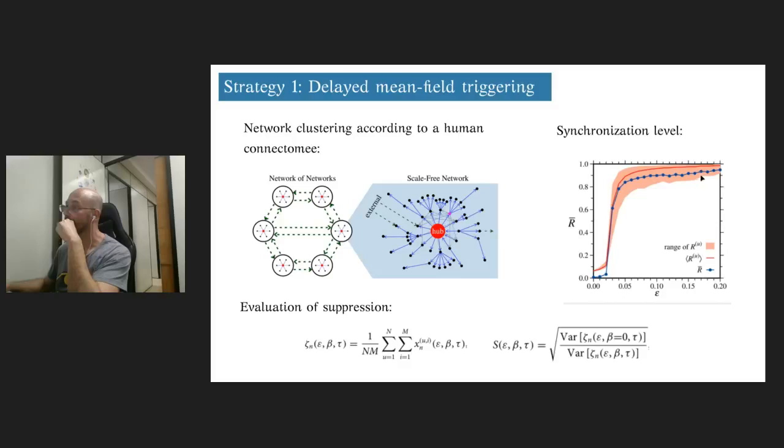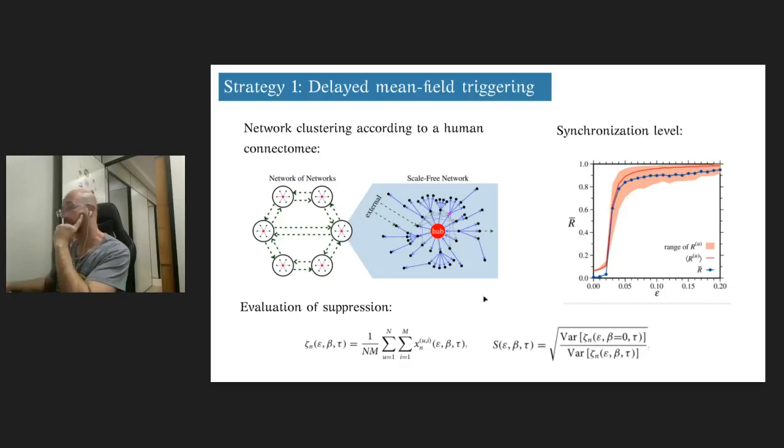This blue curve indicates the synchronization level of the global network, and the mean synchronization of each subnetwork is represented by the red line. We can see that with epsilon equal to 0.1, we have a high level of synchronization, and for greater values too. High synchronization is R close to 1.